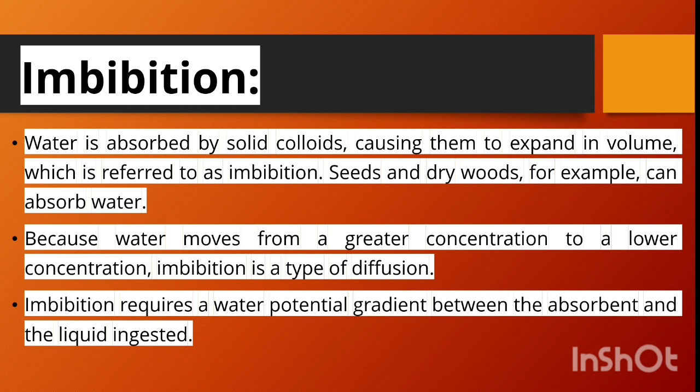Because water moves from greater concentration to lower concentration, imbibition is also a type of diffusion. Imbibition requires a water potential gradient between the absorbent and the liquid ingested. So during the rainy season, the water vapor concentration in the atmosphere is more, and it is absorbed by the solid wooden doors and windows.